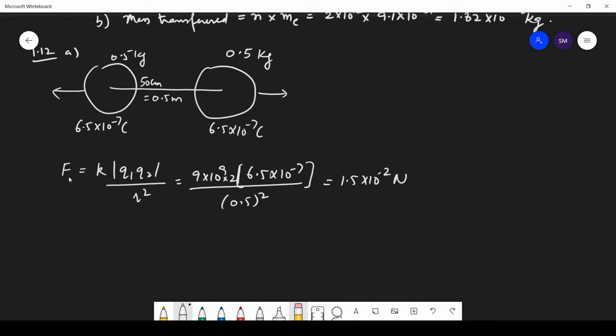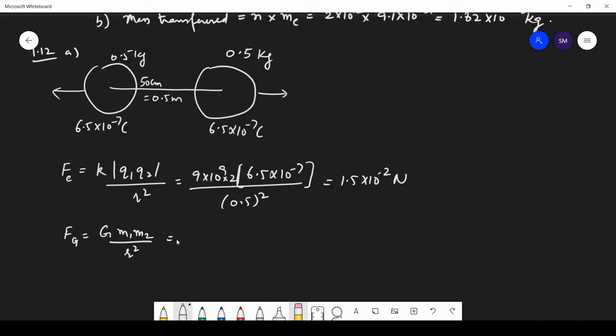So this was the electrostatic force, and now we have to find the gravitational force. Gravitational force is equal to G m1 m2 by r square.